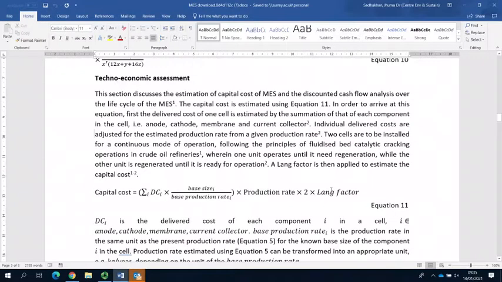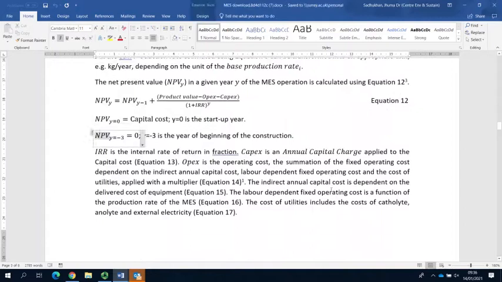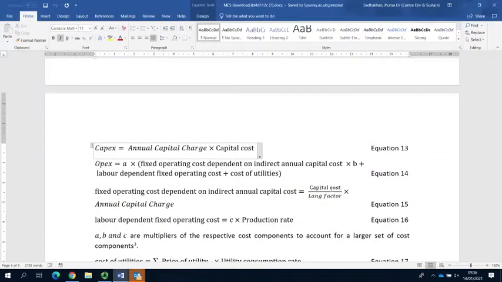Techno-economic analysis is very detailed. That includes the capital cost overall equation, which is dependent on the delivered cost of equipment, the net present value calculation. Operating cost has two items, fixed and variable. Fixed operating cost is dependent on indirect annual capital cost and labor.